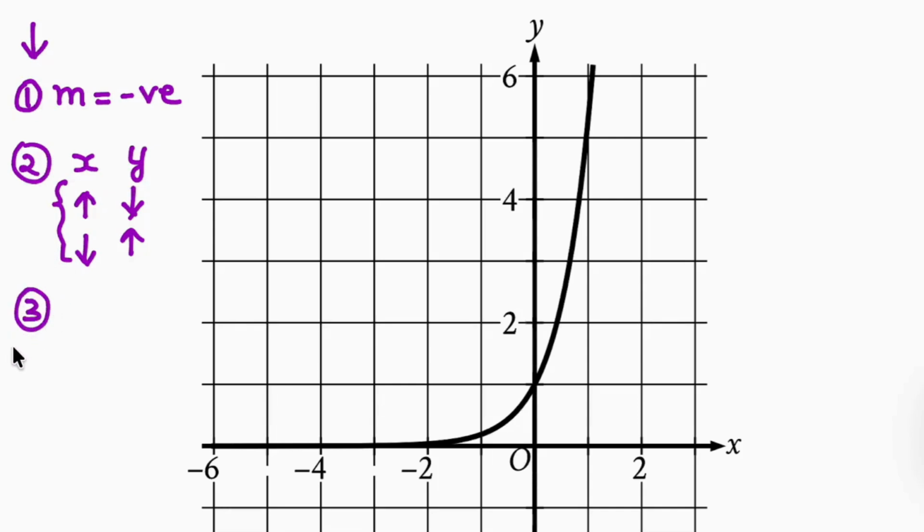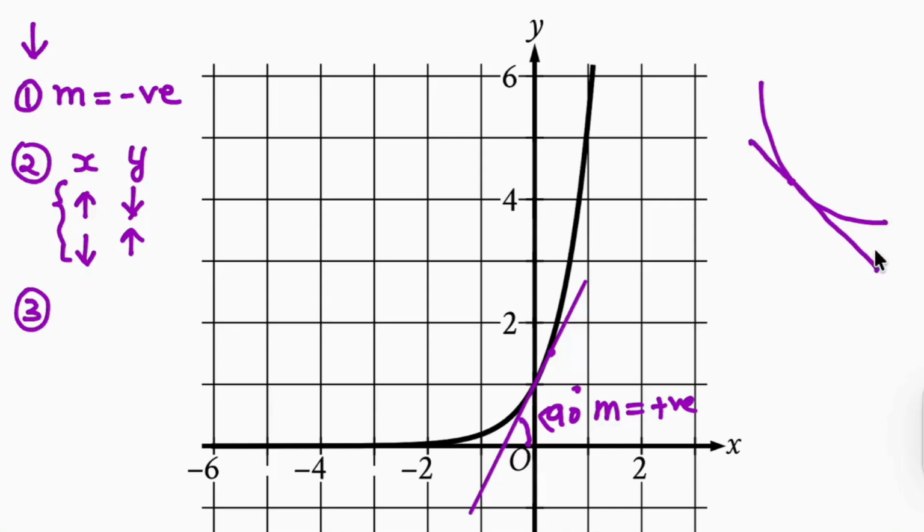Third way is you draw a tangent, right? A tangent is a line which touches the graph at one point only. And check this angle. If this angle is less than 90 degrees, then the slope is positive. But if you see a function, let me draw something like this, and I draw a tangent at that particular point.